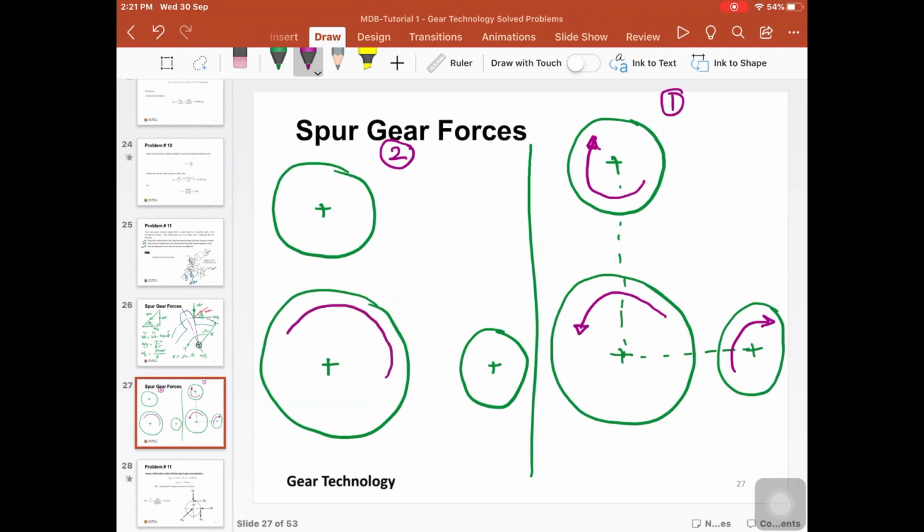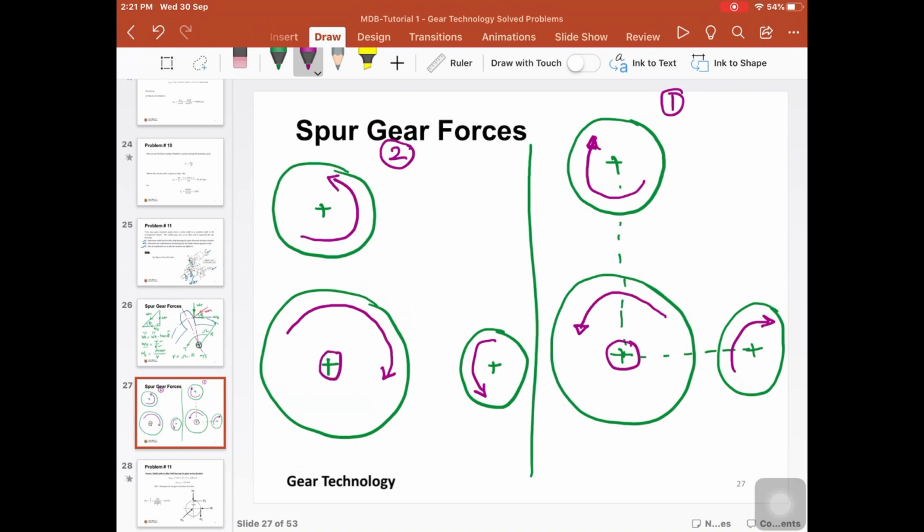So the pinion rotates in the counterclockwise direction, the idler rotates in the clockwise direction, and the output gear rotates in the counterclockwise direction. We want to figure out the directions of the forces here, both the radial components and the tangential components, and also the resultant force on the idler gear for these two cases.